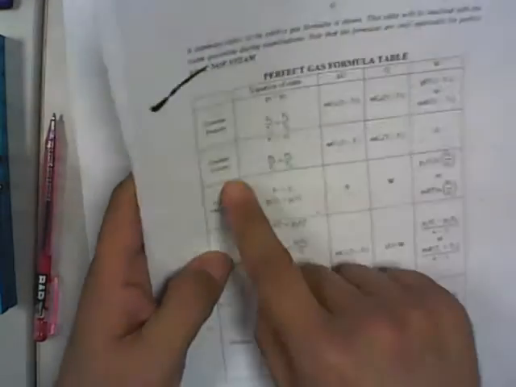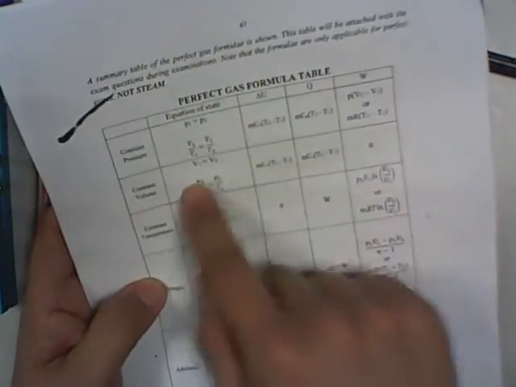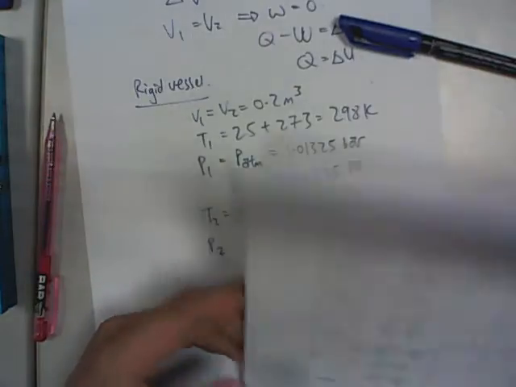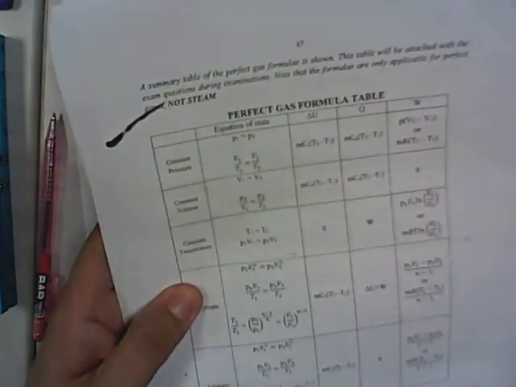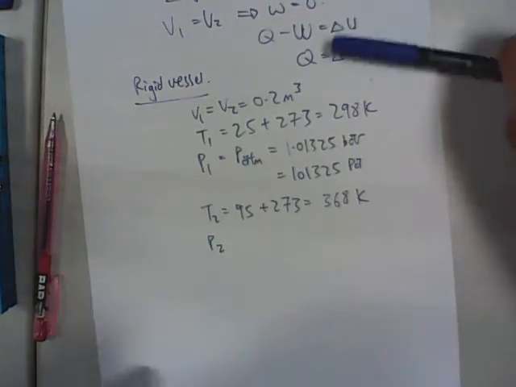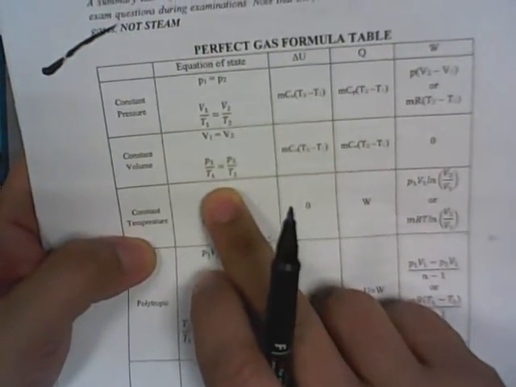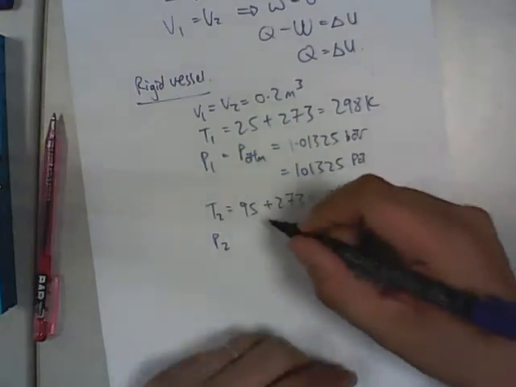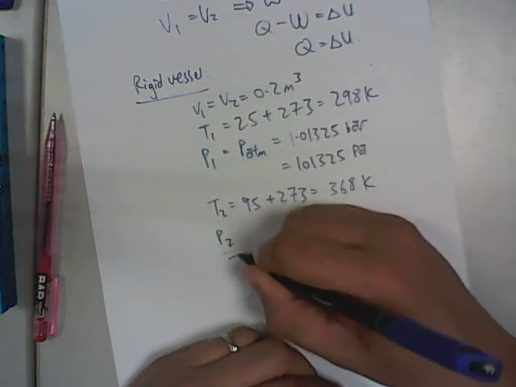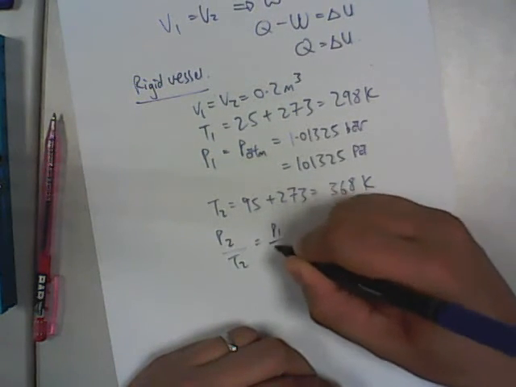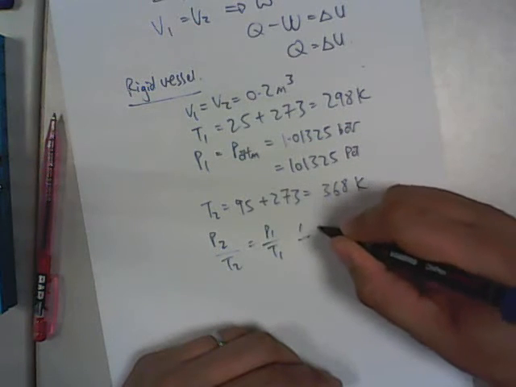So again, let's look at the formula table. This time it's constant volume. You look at this row, final pressure, and we use this equation here to find the final pressure. P2 over T2 equals P1 over T1.